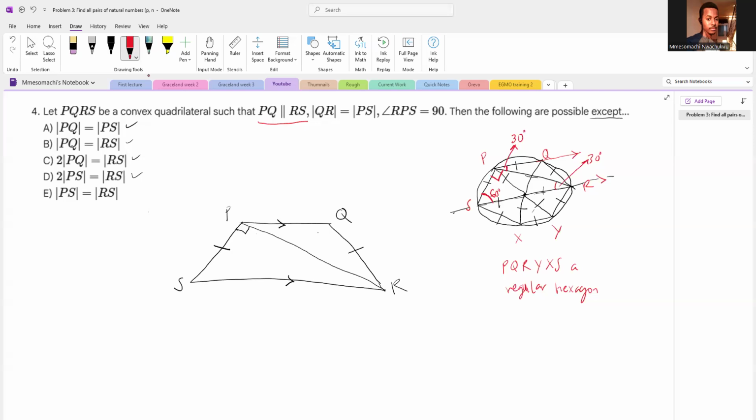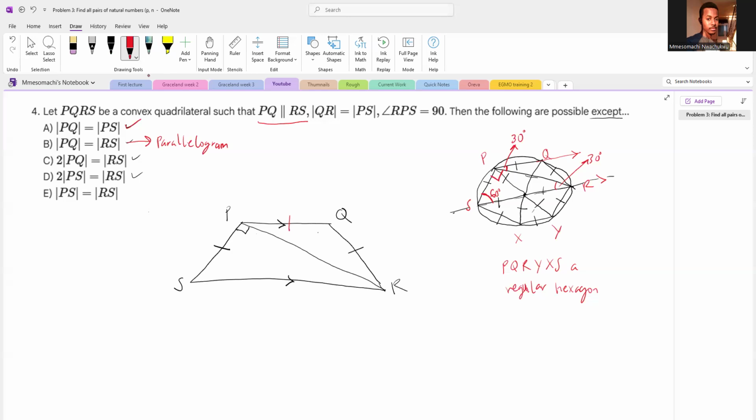So if you consider half of a regular hexagon, we can quickly see that it's possible to have PQ being equal to PS, of course in the regular hexagon. We can have PQ being equal to RS, that's in the case of it being a parallelogram. I would give a scenario where this holds for a parallelogram.